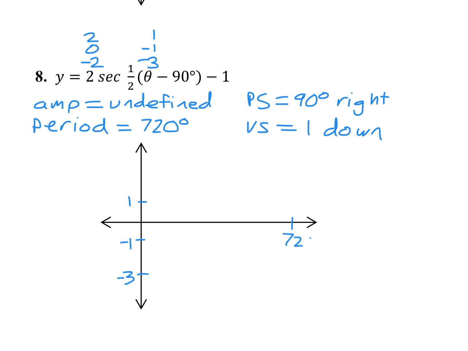Right, our period of 720 goes toward the end of the x-axis. Cut that in half. Cut it in quarters.